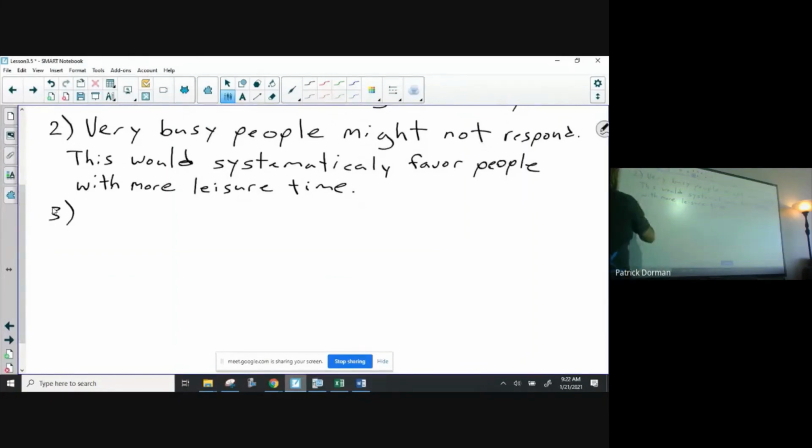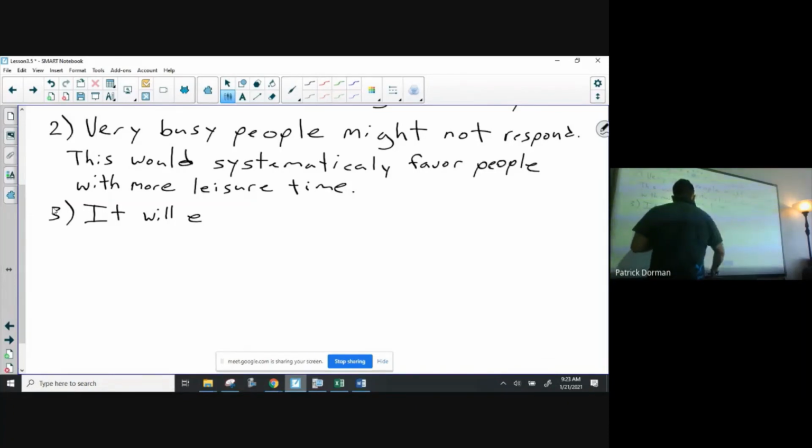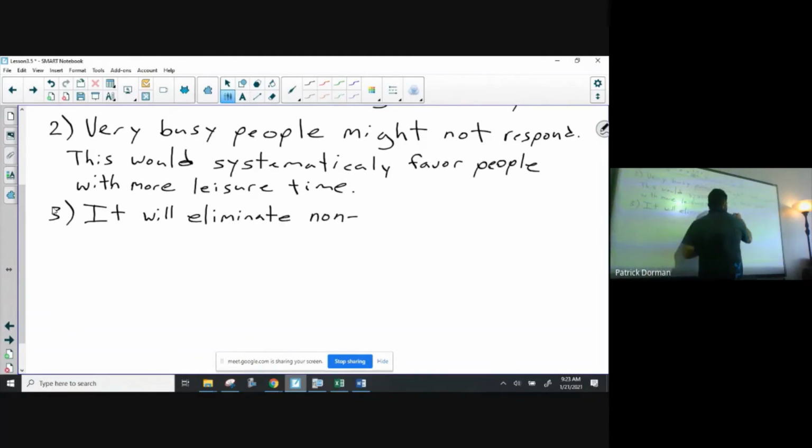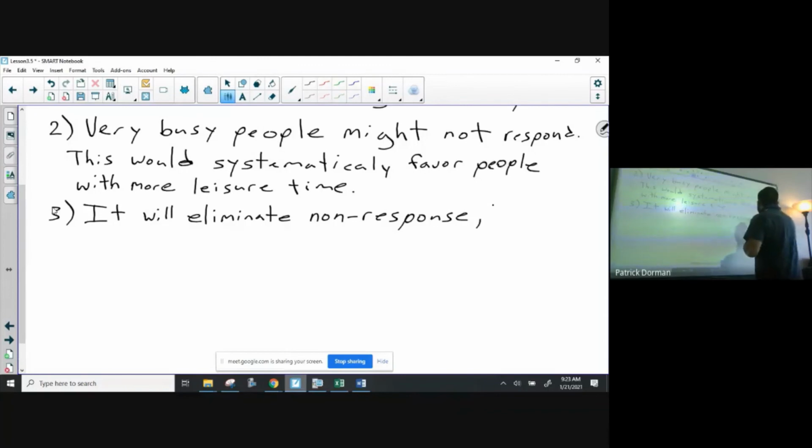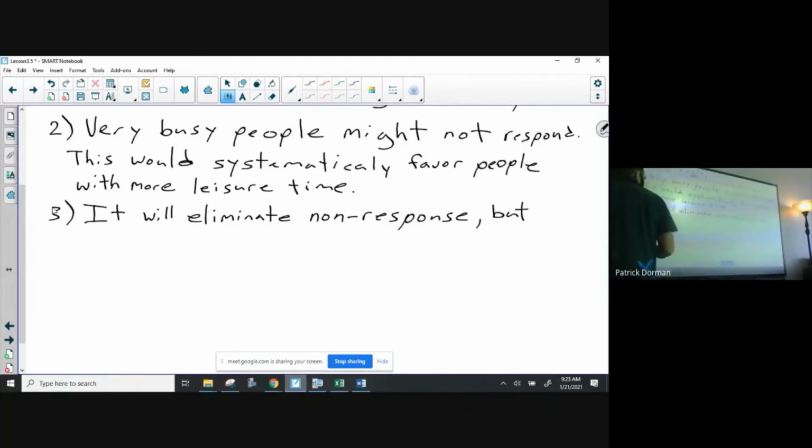So mailing that out, right? That's definitely going to eliminate undercoverage, right? I'm sorry, it will eliminate, my bad, non-response. But not undercoverage, because I'm sure that they didn't give any of those ballots to really poor people.